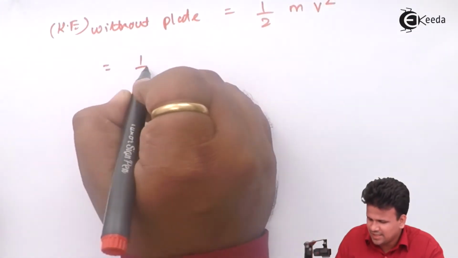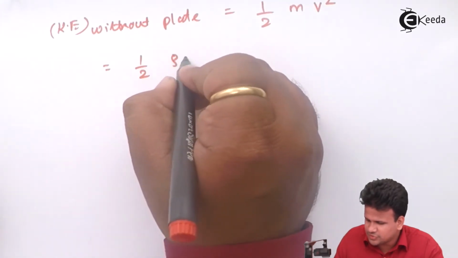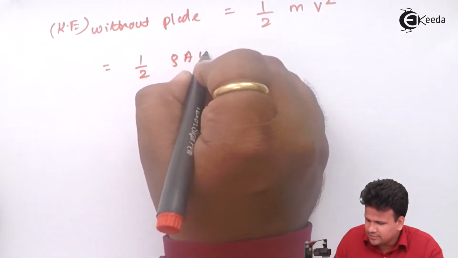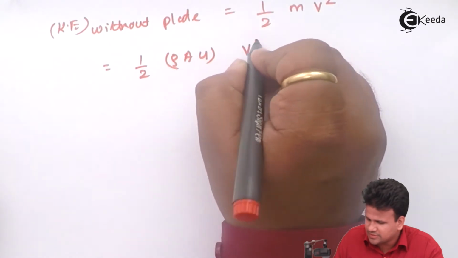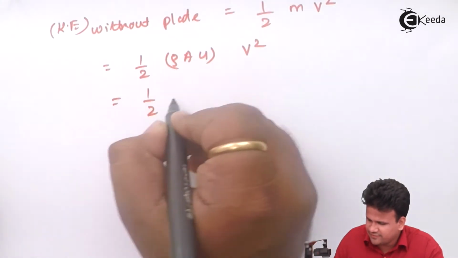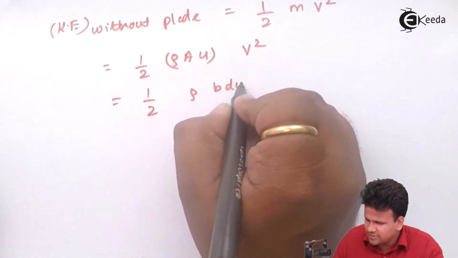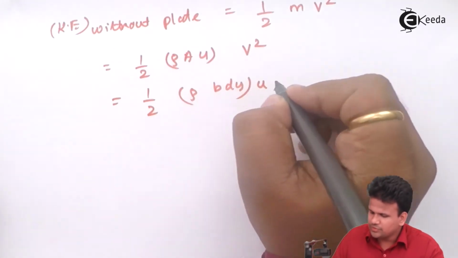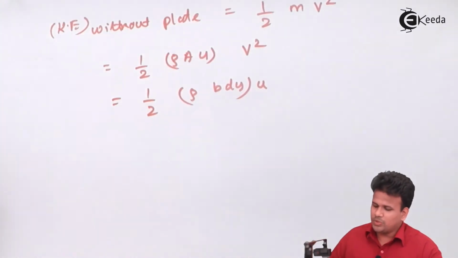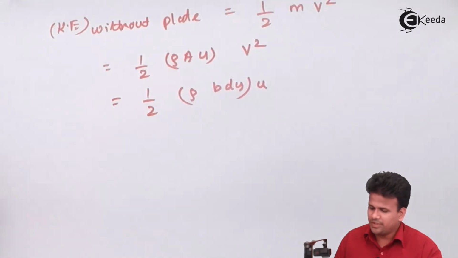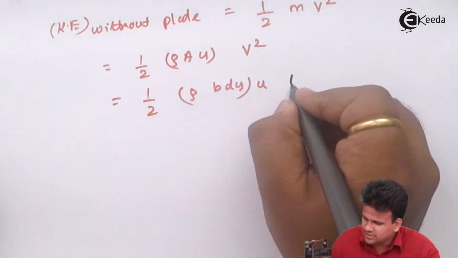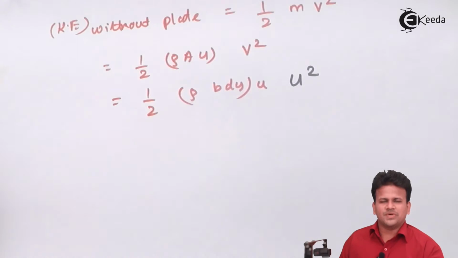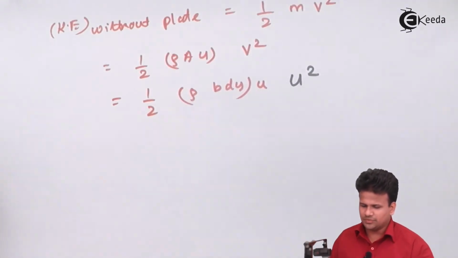So this is half, that is m, that is rho into area into velocity square. So that is half rho into b into dy into small u will be the velocity, but without the plate, the velocity will be the capital U square. So that we have seen over here.